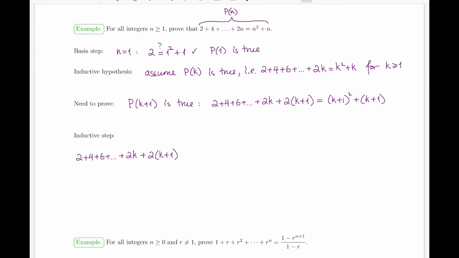So again, I'm going to see the P(k) case as part of my P(k+1) case, right? So this is right here. Therefore, I can replace it with my assumption that this equals k squared plus k. So let's highlight this. By the inductive hypothesis, this is equal to k squared plus k.